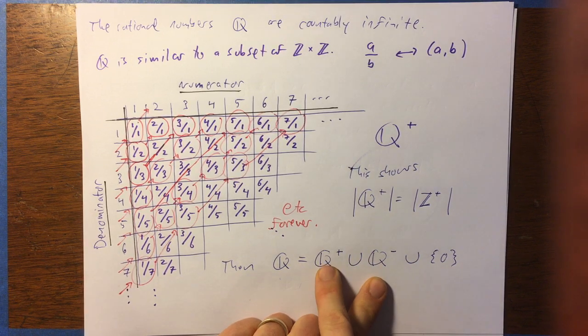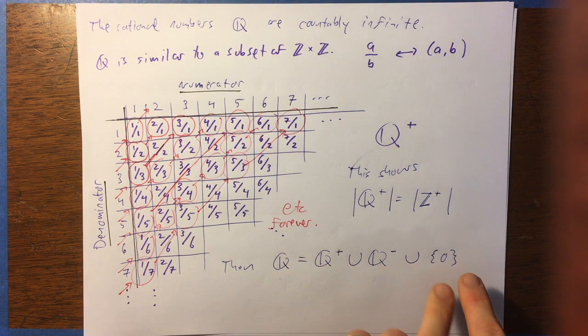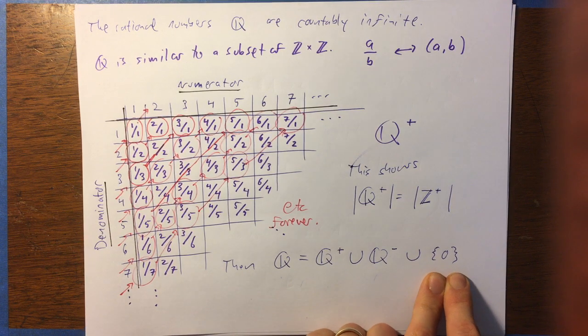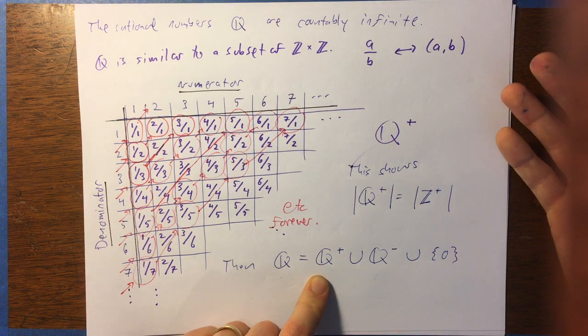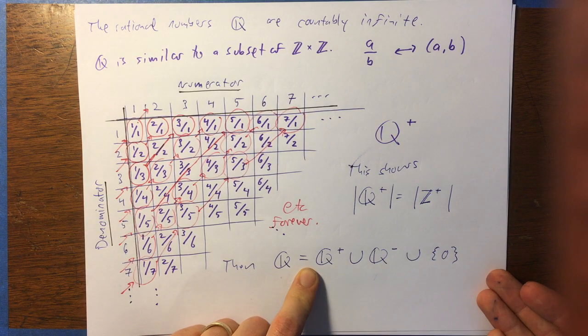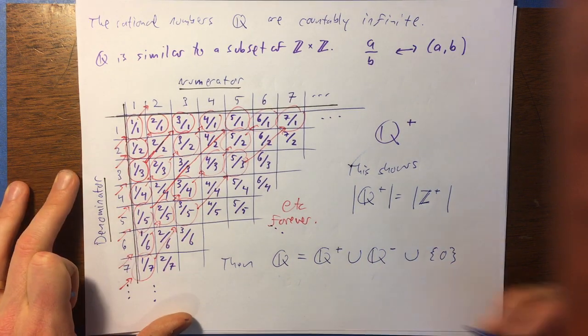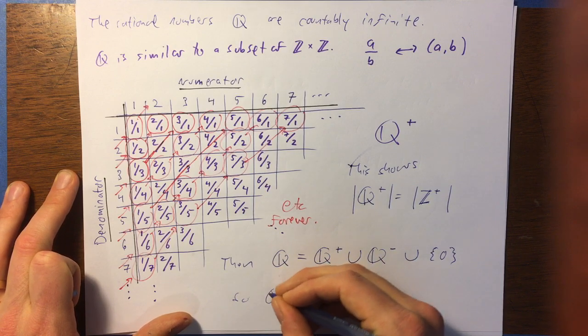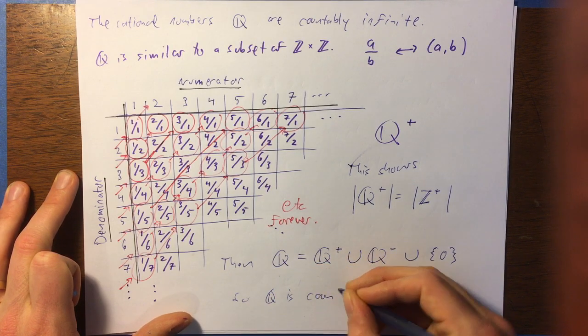So those two are going to be the same exact size. And then 0 is only one element, so that's countable. And we just had a theorem in the previous video, I mentioned that the union of countable sets is countable, and therefore Q is countable as well.